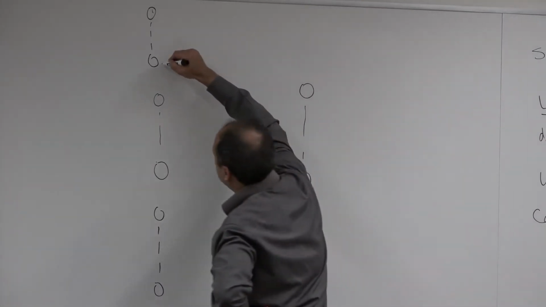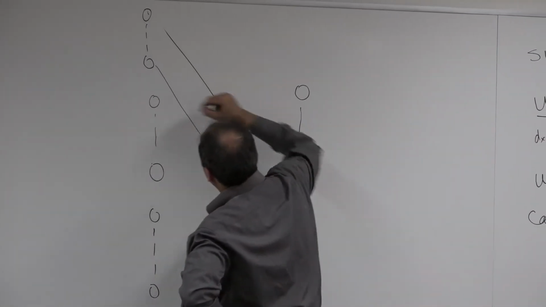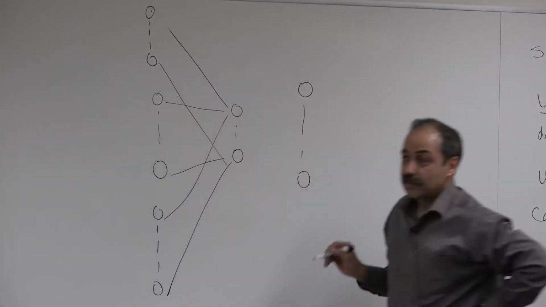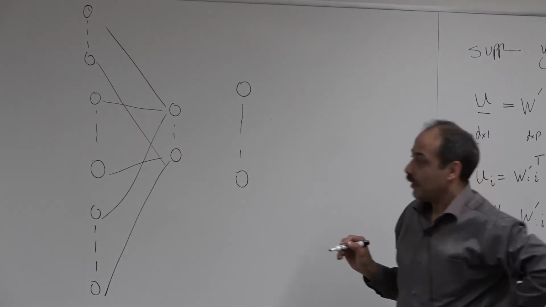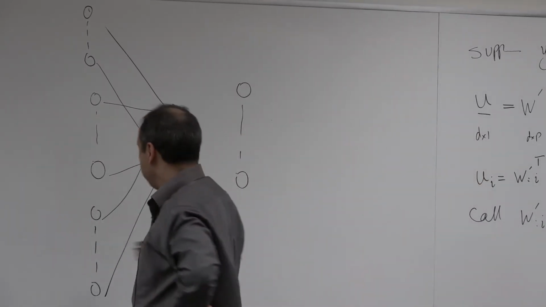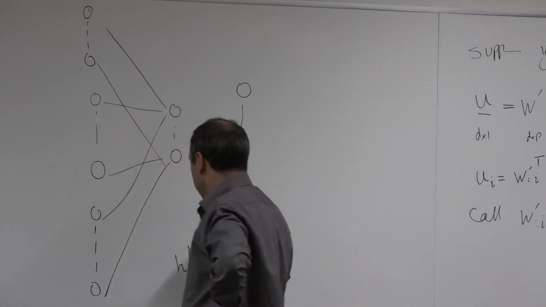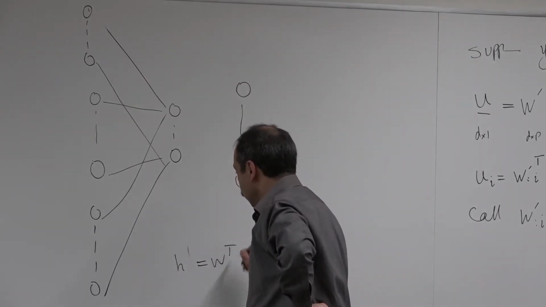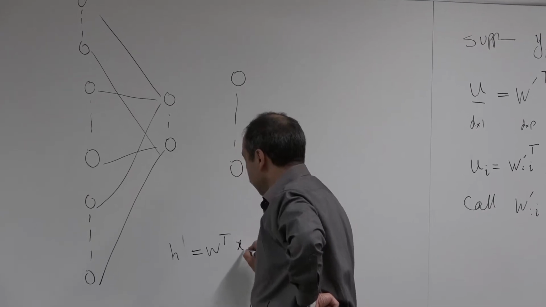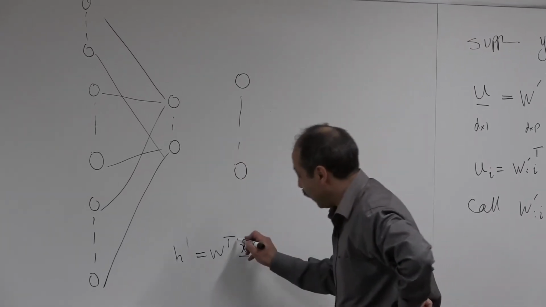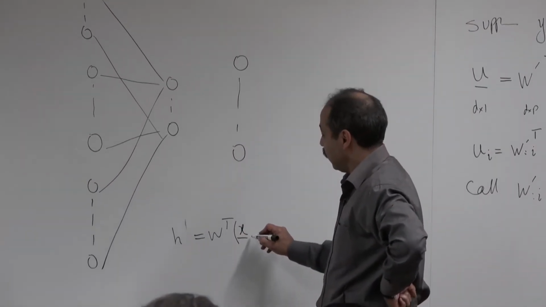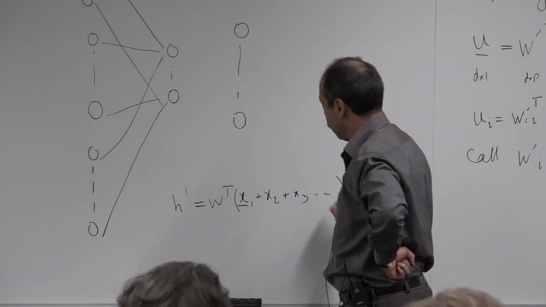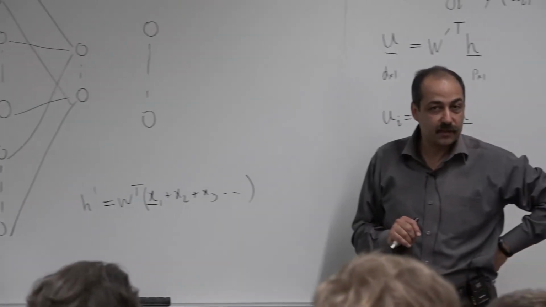But all of these words can share the same set of weights. So in the first step, where we had H being W transpose X, now we have W transpose times X1 plus X2 plus X3, depending on how many words you have in the context.